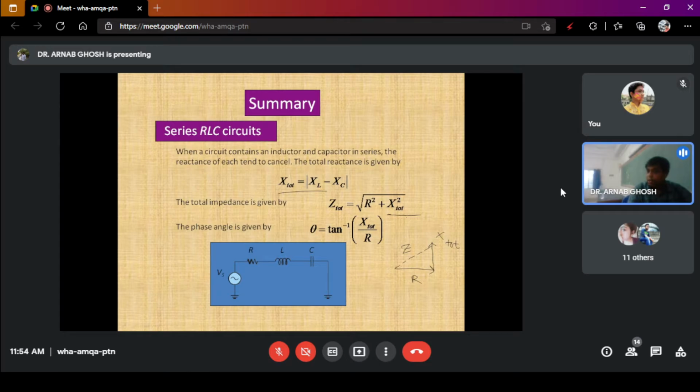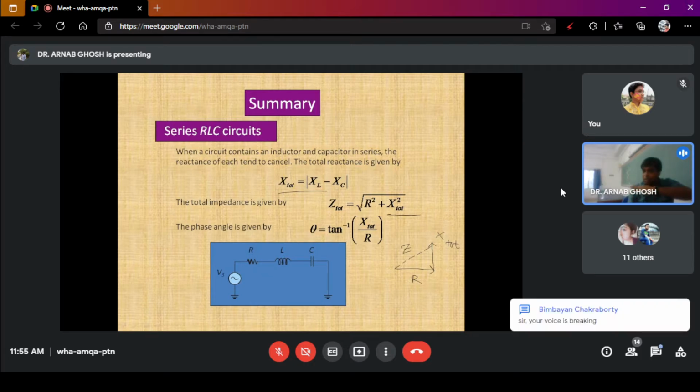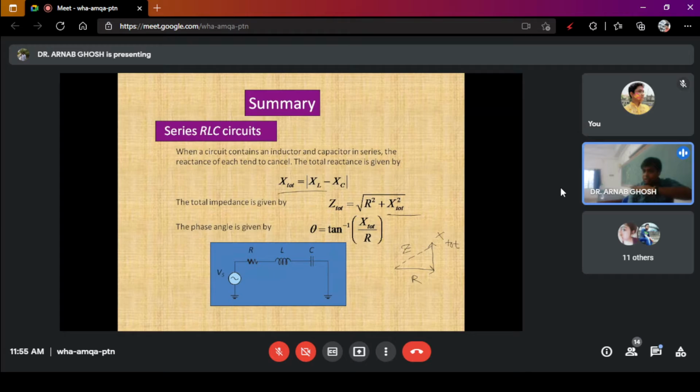This is because you know that the resistive current and resistive voltage are in phase with each other, while the reactance differs in phase with the current. So your R will be in the direction of the current, and the X total, that is the reactance, will differ in phase with the current.